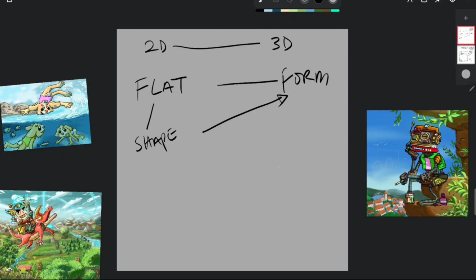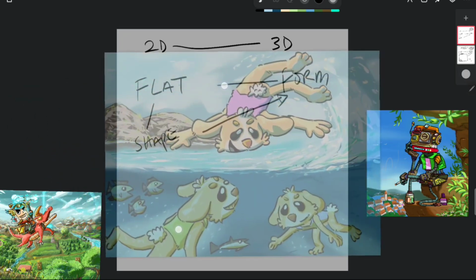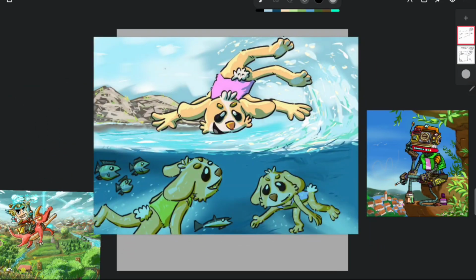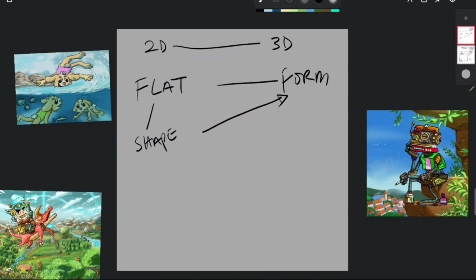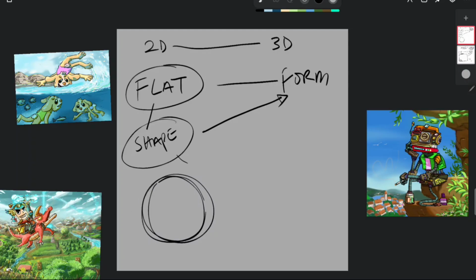Some beginner artists, their art looks flat. You might see someone attempt something like this and it's looking flat. It's like the characters are not living in a world, like they are living in a kind of distorted world. It is because they fail to acknowledge shape, the flatness of things, because that shape is a circle, and form is a sphere.